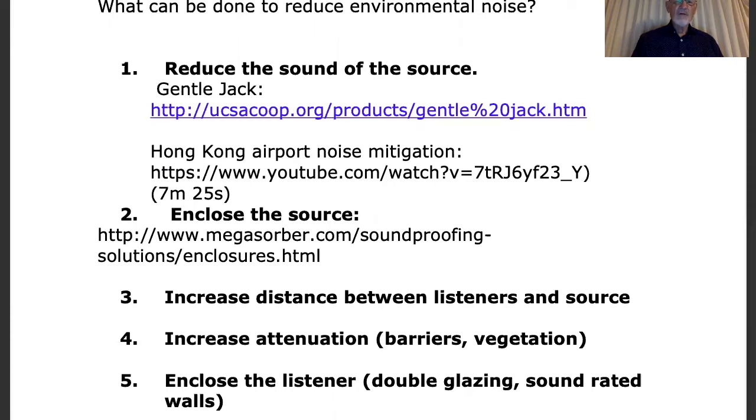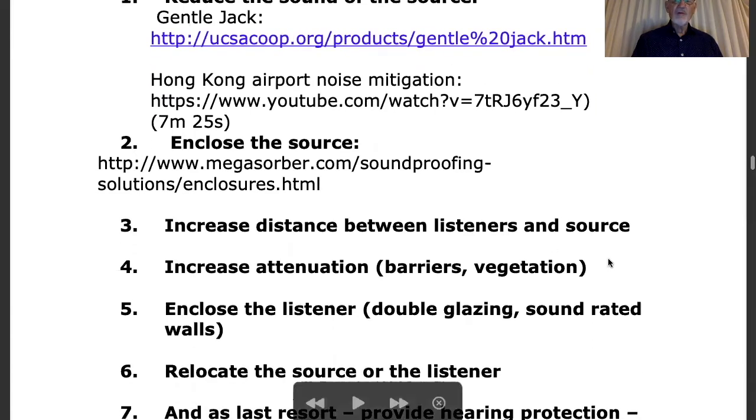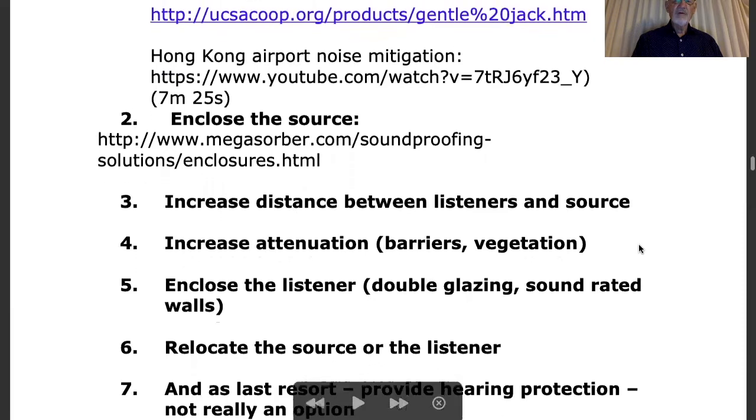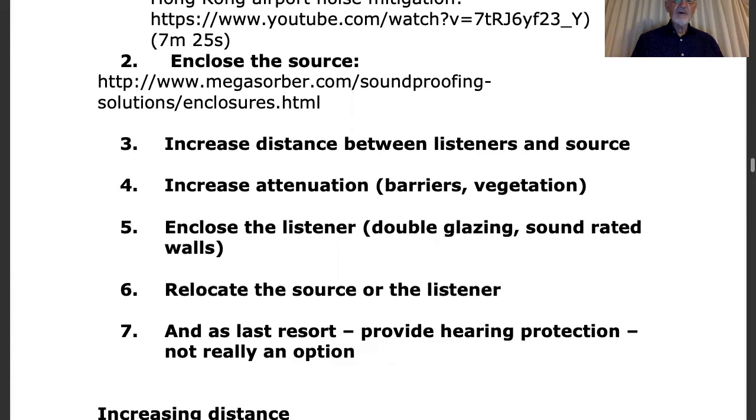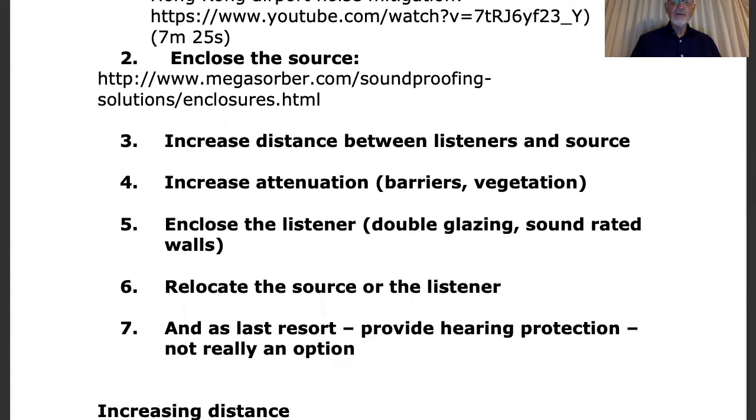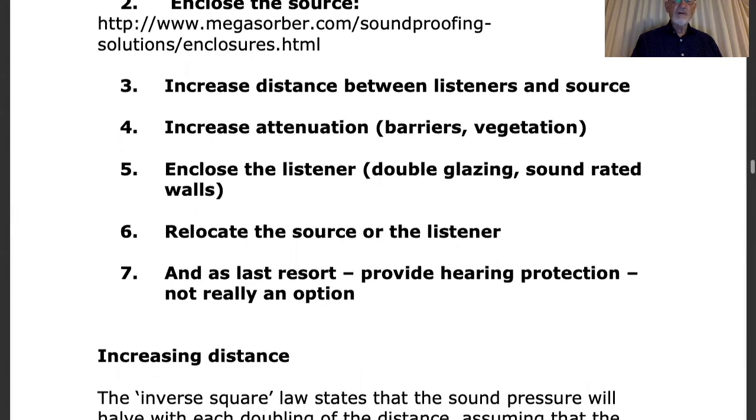So the next one is to increase the distance between the listeners and the source. And we've already talked about the inverse square law. Then you can increase the attenuation with barriers and vegetation, and there's a bit more about that in later slides. Then you can enclose the listener.